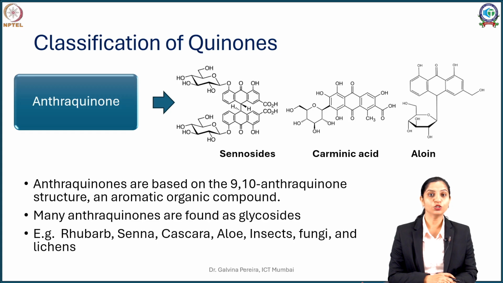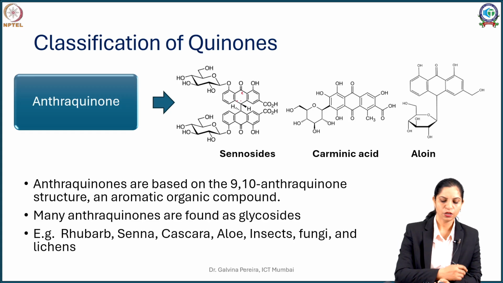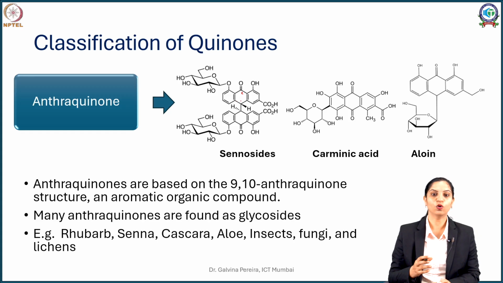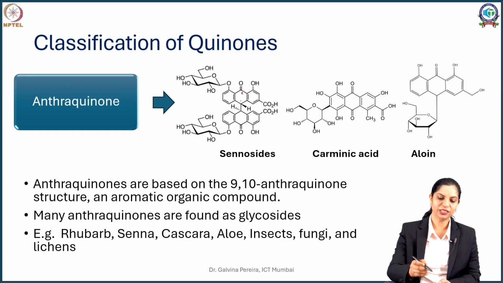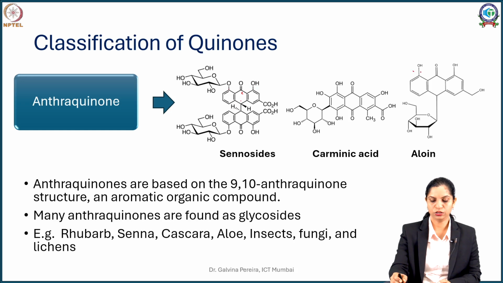Now anthraquinones mostly, like I said, are 9-10 compounds. Mostly the para substitution is preferred here because that is considered to be more stable. Now because of biosynthesis, you see most of them have a hydroxy substitution.